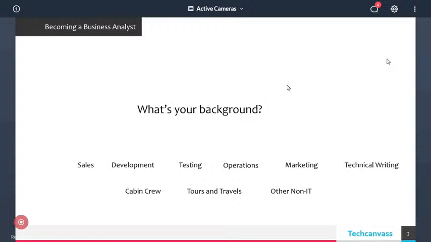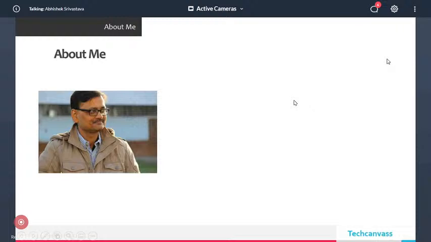Now we'll try to understand a few things about business analysis: what it is, what the role of a business analyst is, and what skills you need to become one. As far as I'm concerned, this is my 26th year in the industry.